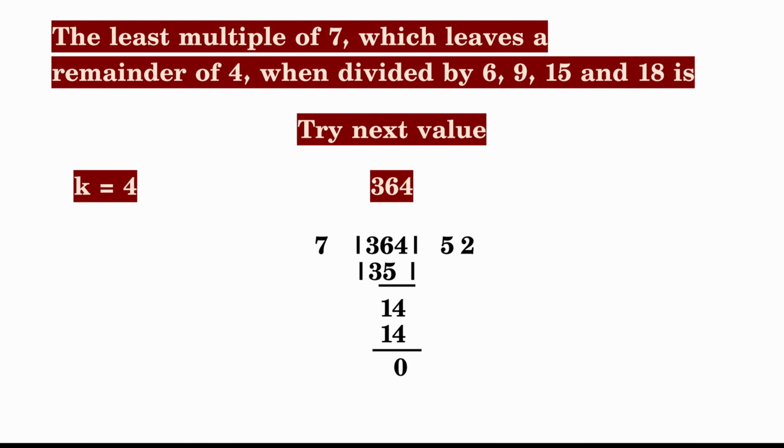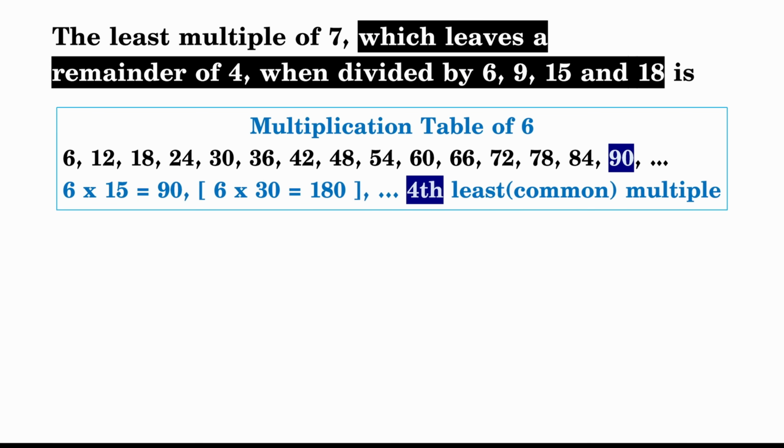The first condition required that the remainder equal 0, and the second condition requires that when I divide by 6, 9, 15, and 18, the remainder gives me 4. So let's try with the second condition. We know the multiples of 6, as you can see from the previous one: 6 times 15 equals 90.